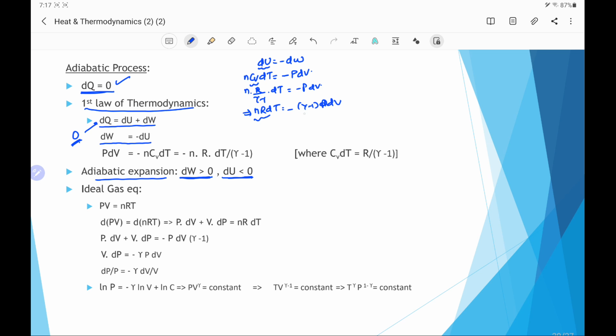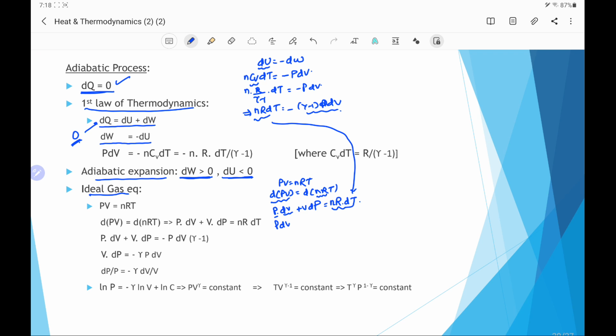Now using this nR dt in the equation of the ideal gas, because we know the ideal gas is PV equal to nRT, on differentiating we will have d(PV) equal to nR dT. Differentiating the left side, we write P dV, first function times differential of second, plus V dP, second function times differential of first, and nR is constant, so it is taken out and the remaining is dT. Here we replace this nR dT from the value calculated above.